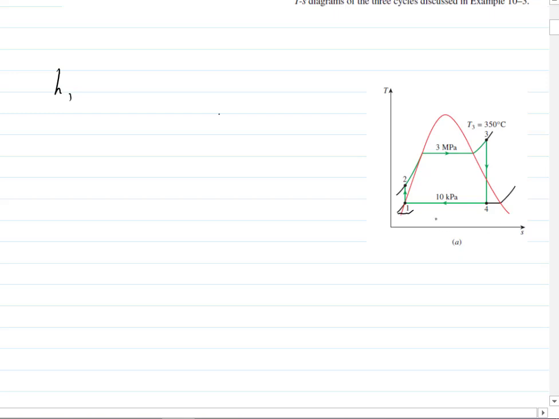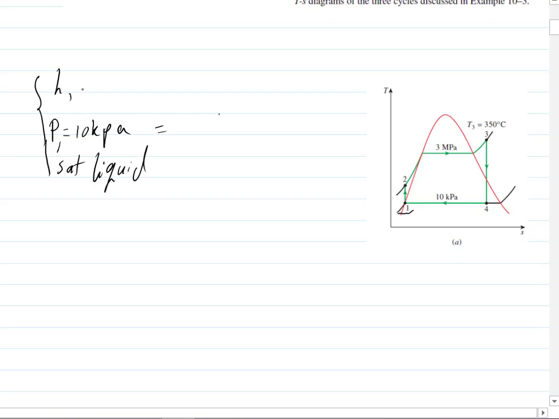What information do we have for this state 1? As you notice here, it is a constant pressure line. So in state 1, the pressure is P1, which is 10 kilopascal. And also, as I told you, this state is on the saturated liquid line.